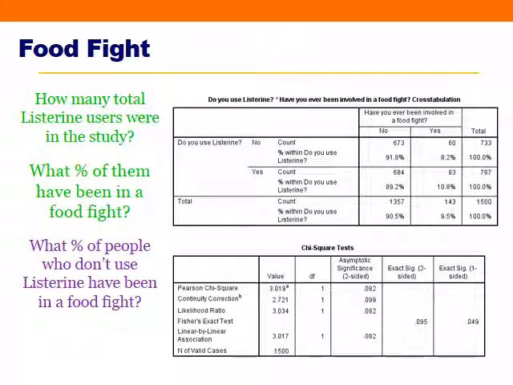Third, what percentage of non-Listerine users have been in a food fight before? And lastly, and most importantly, is that a significant difference? Are those two groups of people different in terms of the percentage of people in each group who have been in a food fight? If you would like, please pause your video now, take a moment to answer these questions, and then we'll go over them together.